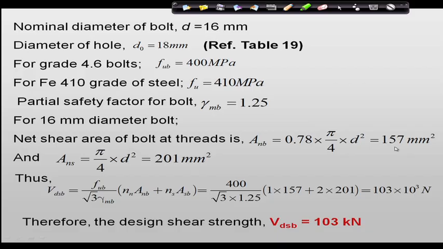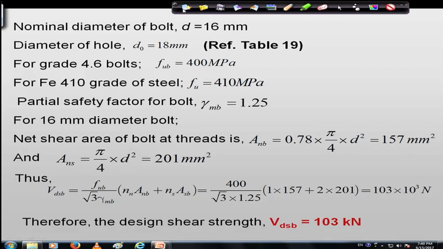Now, the nominal diameter of the bolt was given as 16 mm. So, the hole diameter d0 will be 16 plus 2, because as per Table 19 the clearance for a 16 mm diameter bolt is 2 mm. So, the hole diameter will become 18 mm.